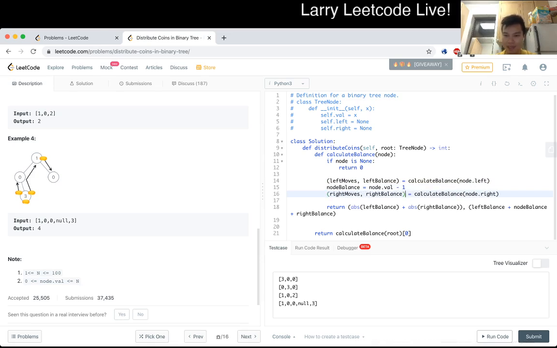Also, maybe this would have made it more clear that I didn't need the current node moves. Right? So you have something like that, and I think this would be good enough. Whoops, I messed up the bracket on the tuple. Just a little bit, but you get the idea anyway.